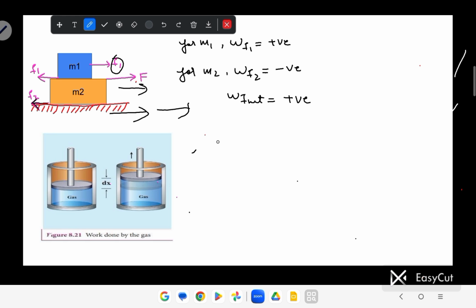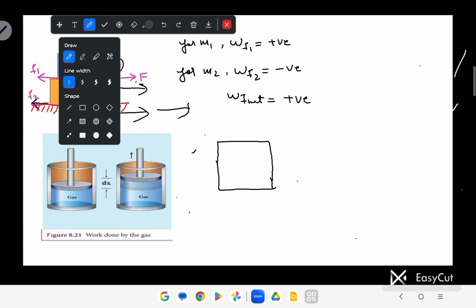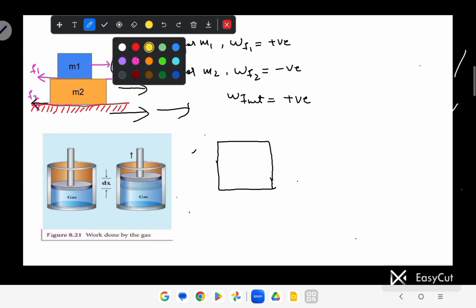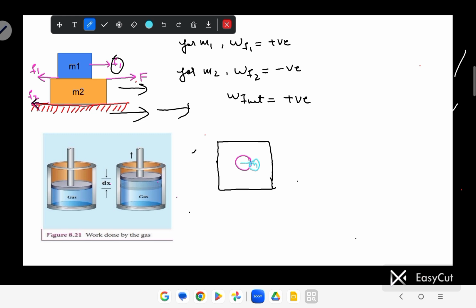Any problem till here? If no, then we can move ahead and talk about one more situation. Suppose you have a table like this, and over this table I keep a circular string and a mass m is kept over here, and it's taking a circular motion in this direction.